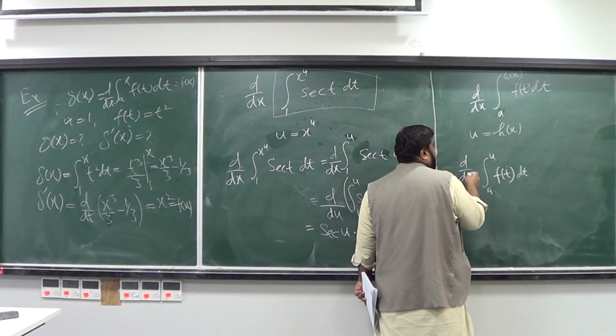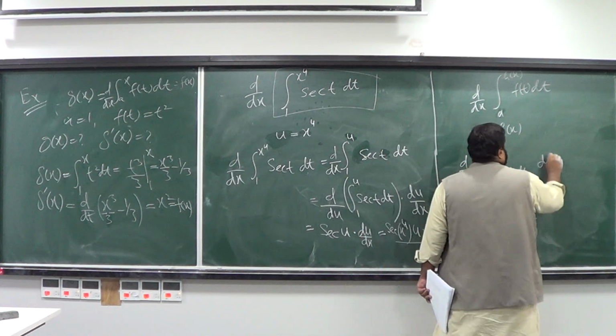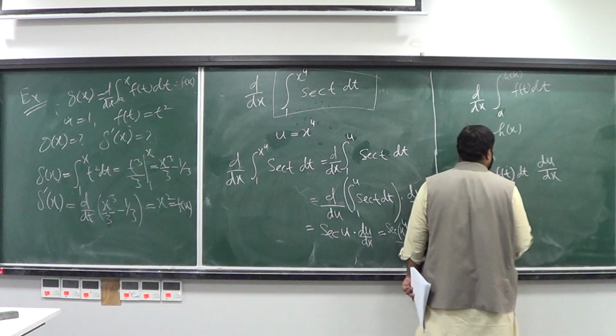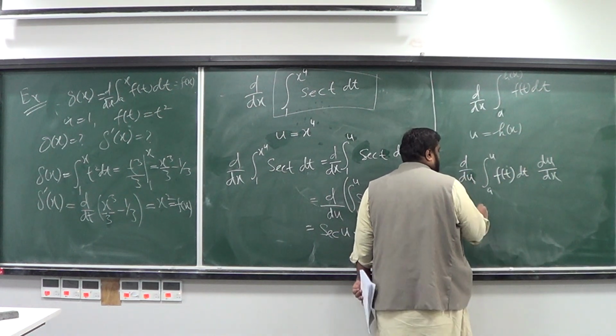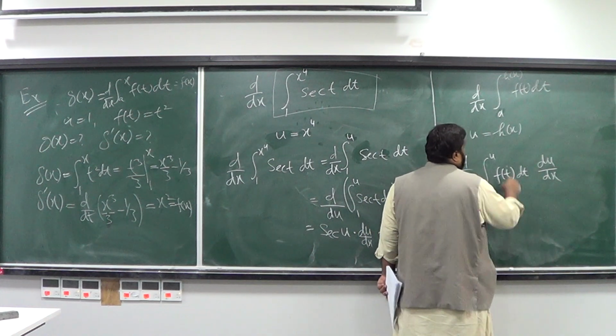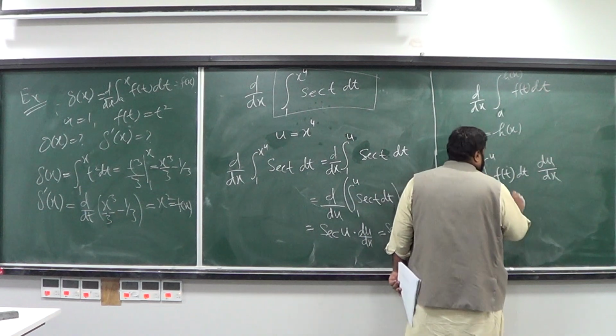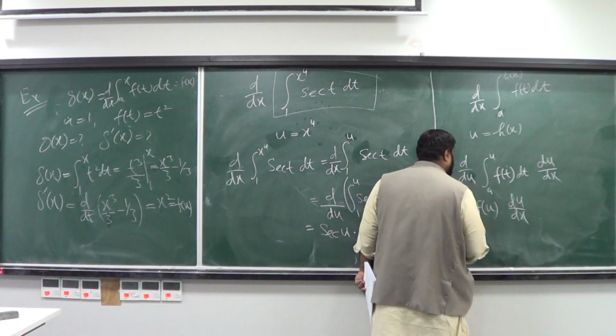Then on this integral I can apply the chain rule, du and du by dx. The derivative of this with respect to du is going to be f of u times du by dx. Let's keep it as du by dx and then substitute the value of u.